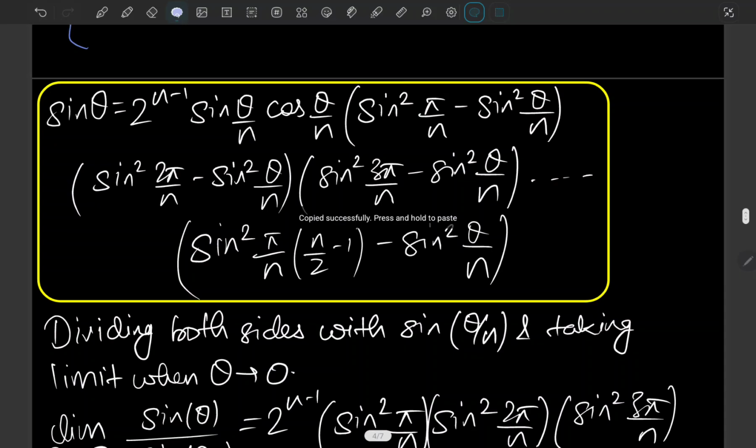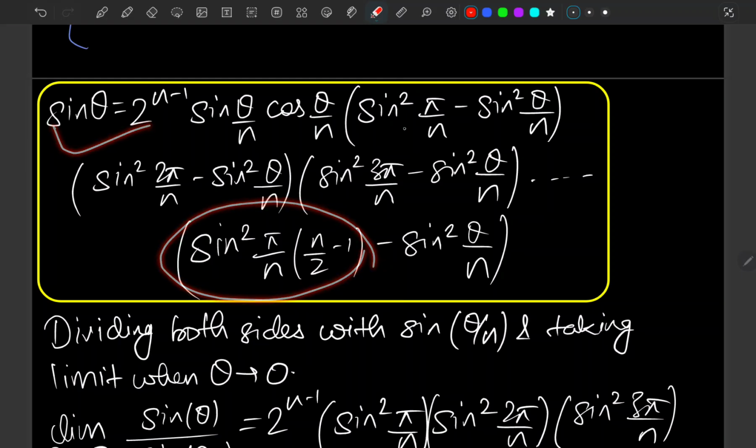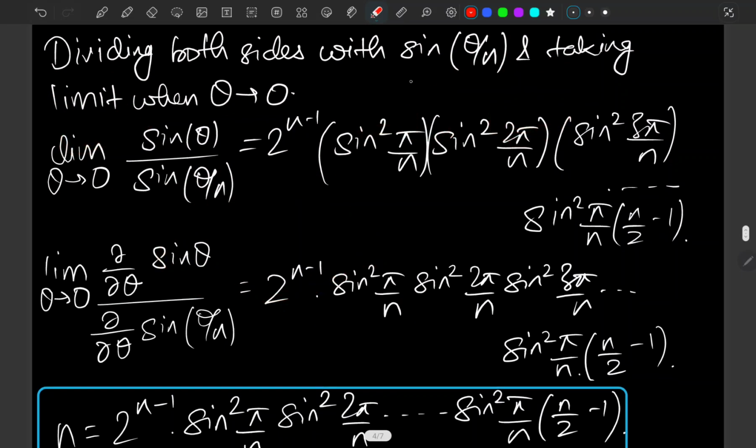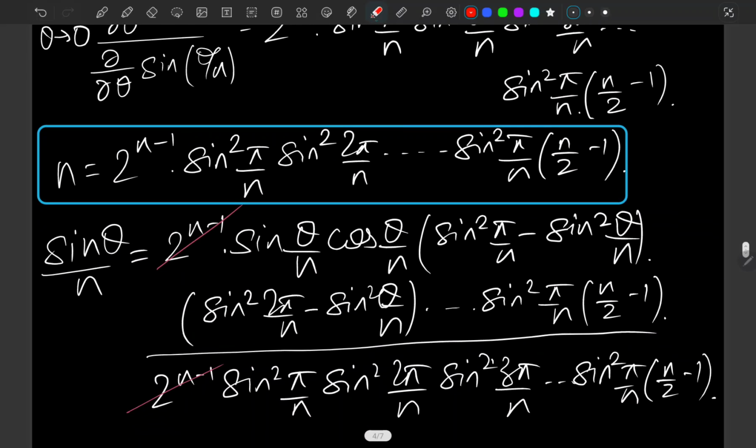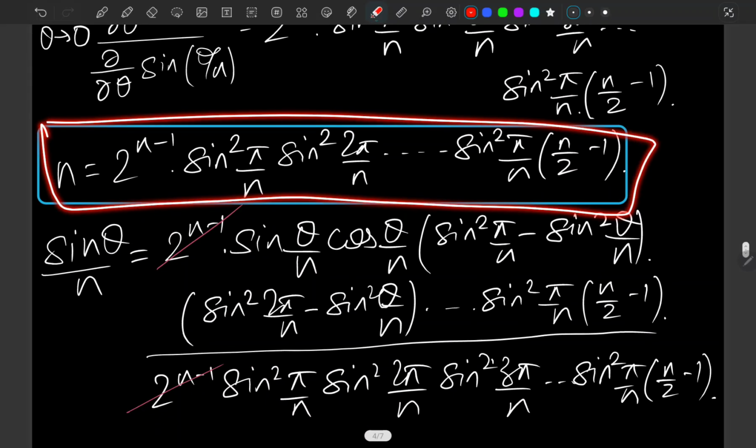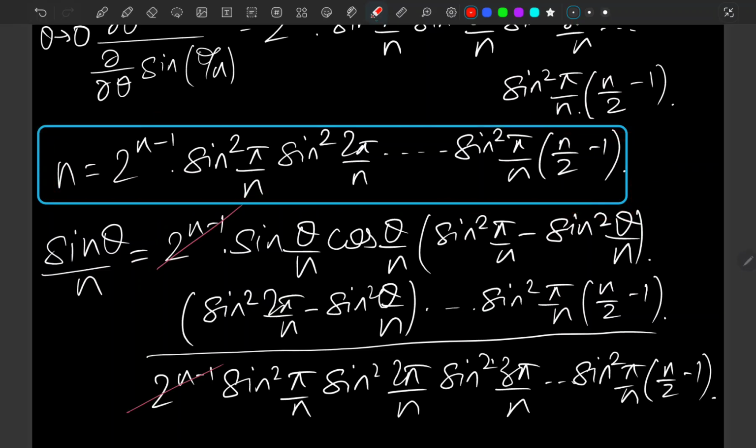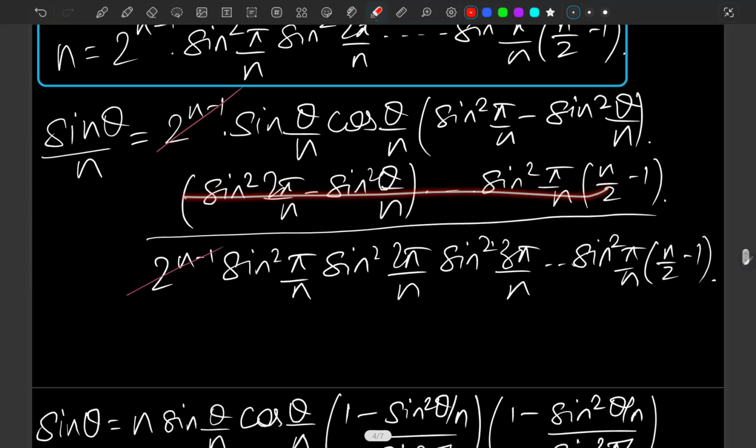So yeah, let me explain a little bit. Basically we are having something like this. We used that, and sine squared pi over n, sine squared theta over n, and then we took some limits, dividing with theta over n. So yeah, I just explained that. And n, oh my god, this is really amazing. So you can represent n as this. Wow.